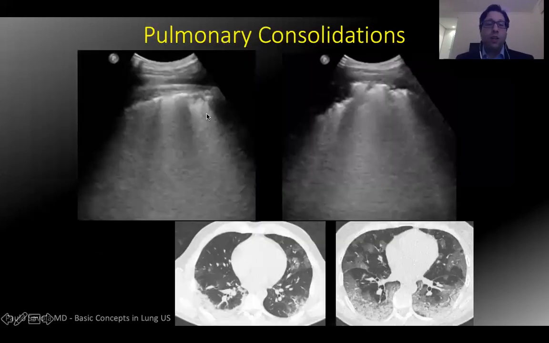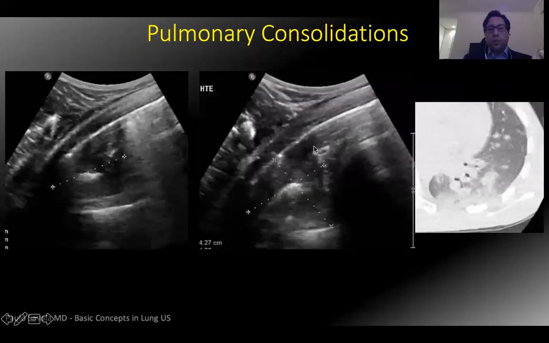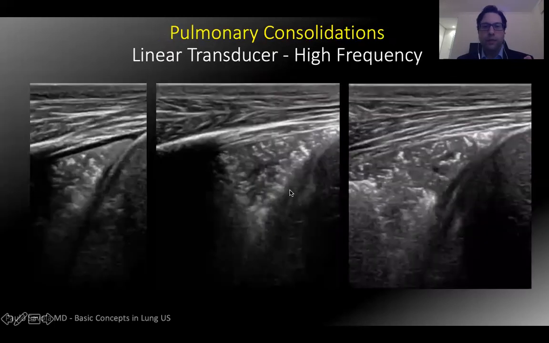Okay, you can also have small peripheral consolidations, just like in this example. This is a COVID-19 confirmed patient, and you have small peripheral consolidations here, here, here, and here. This is the CT of the patient, okay? When consolidations get a little bigger, for example, this is a little more than 4 centimeters, you can get to see the air bronchograms inside, okay?